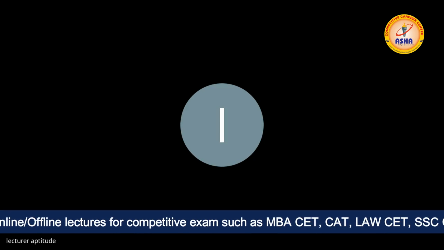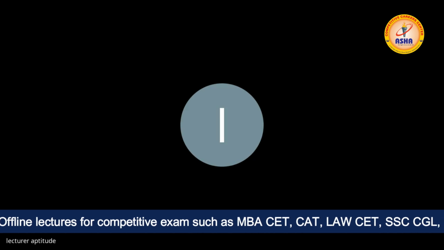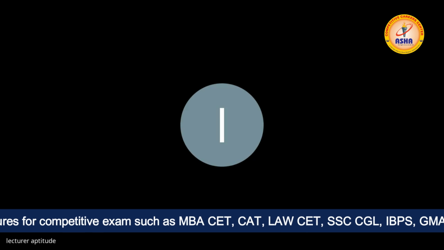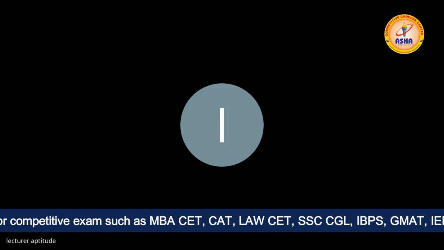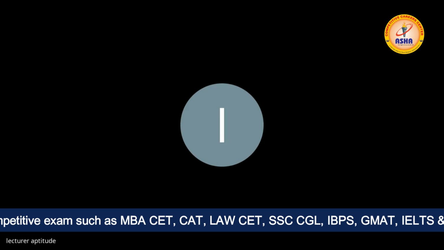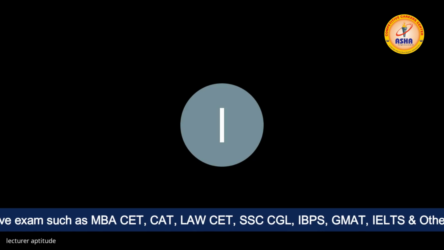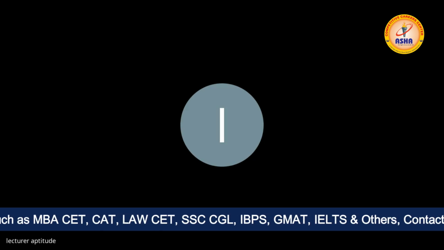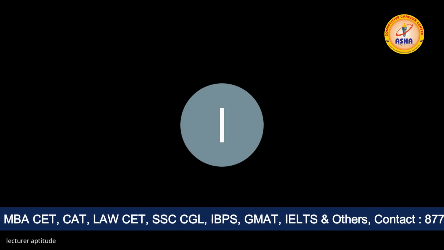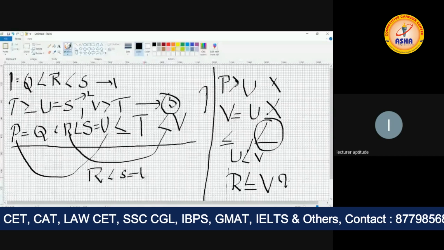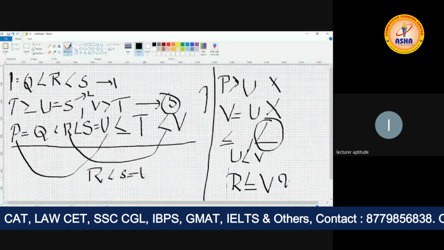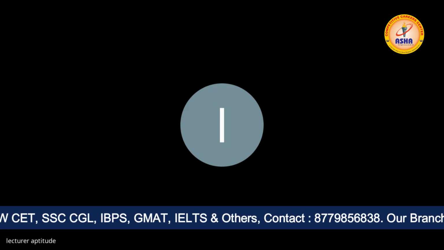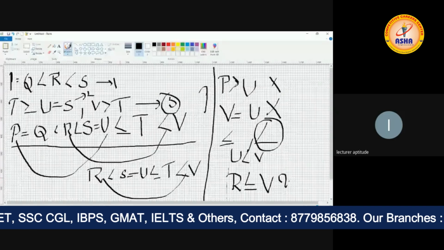Here we can say that R < S = U <= T < V. So R is less than V. You already know that when less than or equal to and less than come into play, we always take the less than sign as the more prior sign.